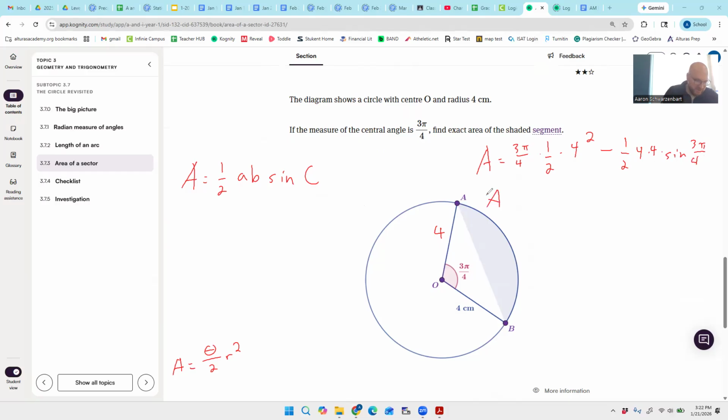I'm going to take my calculator, make sure I'm in radian mode. And when I do this, I get 13.2 square centimeters.